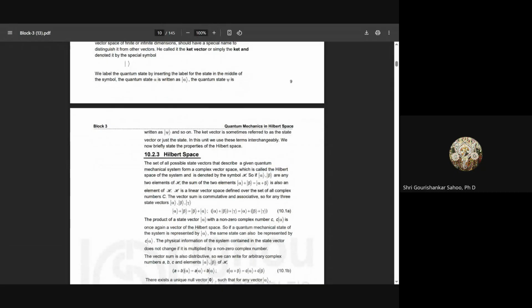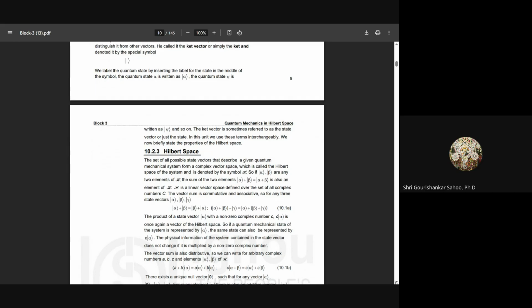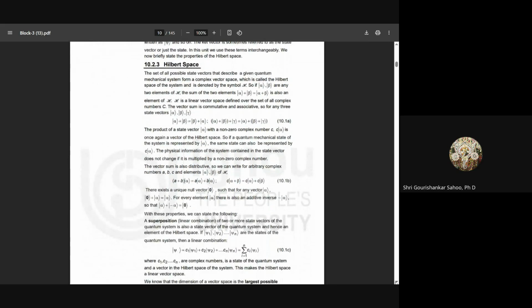So this is the Dirac ket vector, and if you write it like this, then it will be the bra vector. And the set of all possible state vectors that describe a given quantum mechanical system forms a complex vector space, which is called the Hilbert space of the system and is denoted by the symbol H, as shown on the screen. Are you getting it?